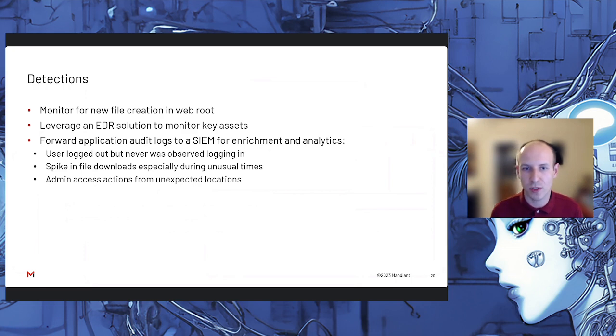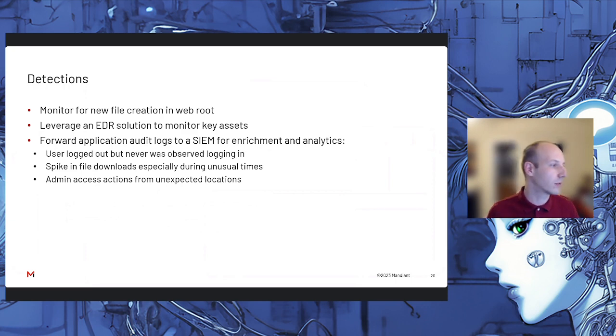In some investigations, we saw some EDRs create an event that a potential web shell was getting created, but it never bubbled up to an alert. And finally, as I mentioned in the log section, forward all your logs to some sort of SIEM so you can do some additional enrichments and analytics. That way you can have more insight into what an application is doing.